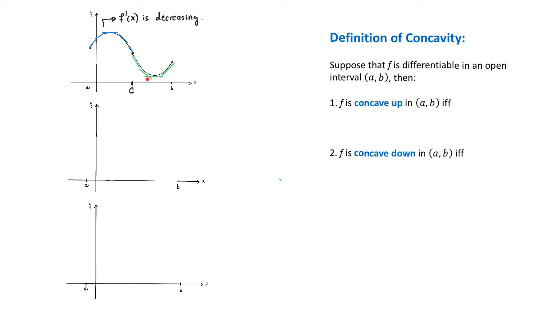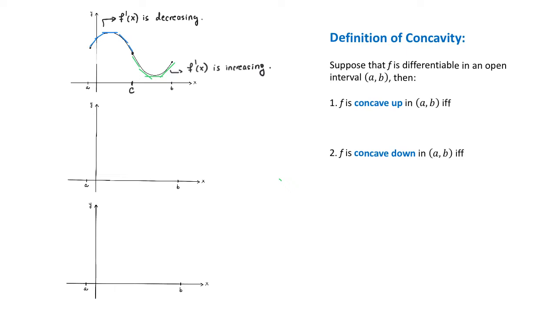In fact, the one that I'm highlighting right now is horizontal. And then the lines are getting steeper and steeper with positive slopes. So what I am seeing here is that the derivative is actually increasing from left to right. So I'm going to make a note of that. In this particular case, f prime of x is increasing.